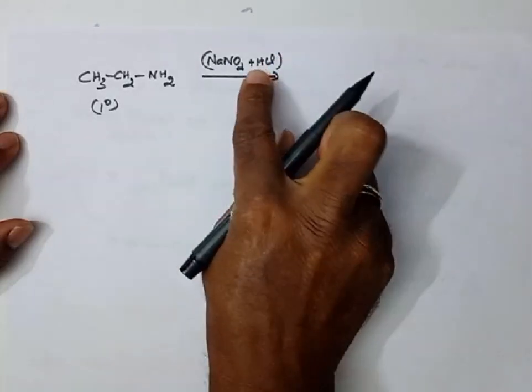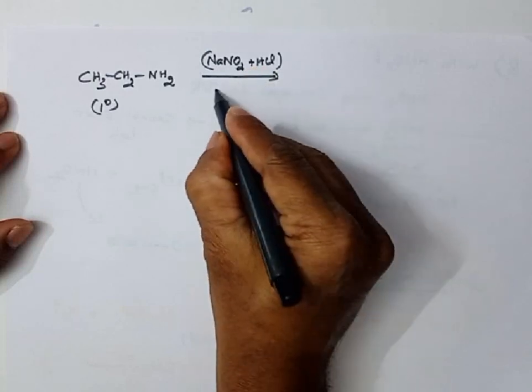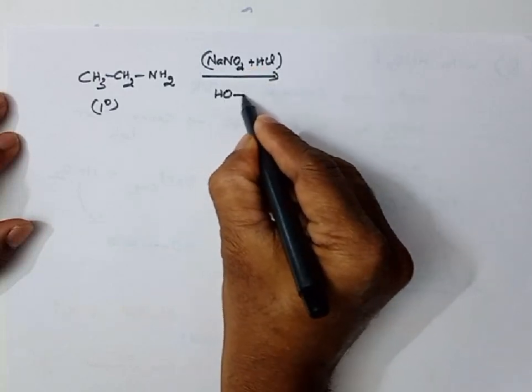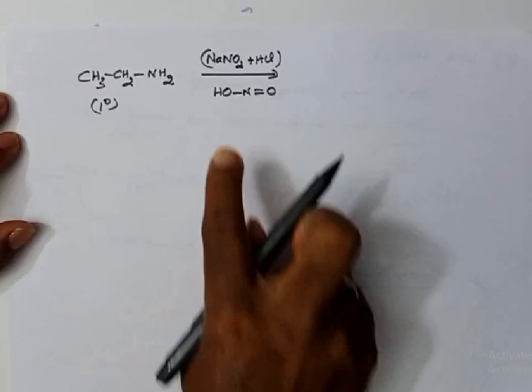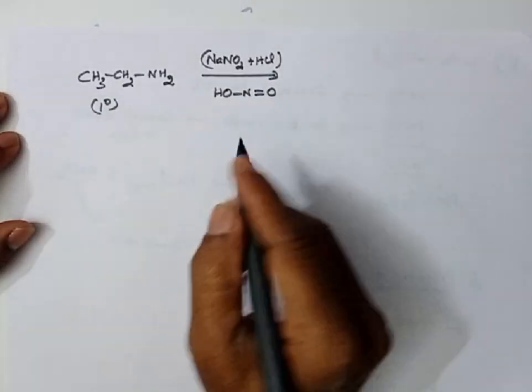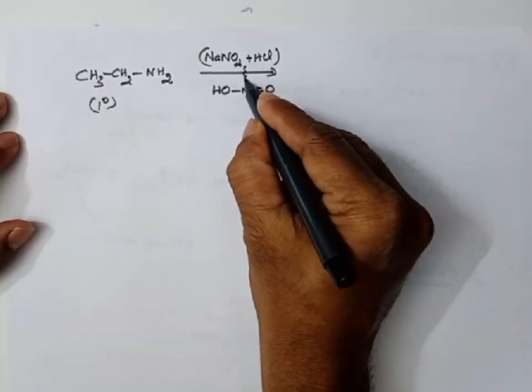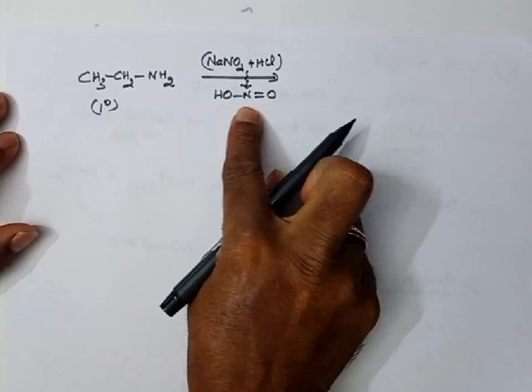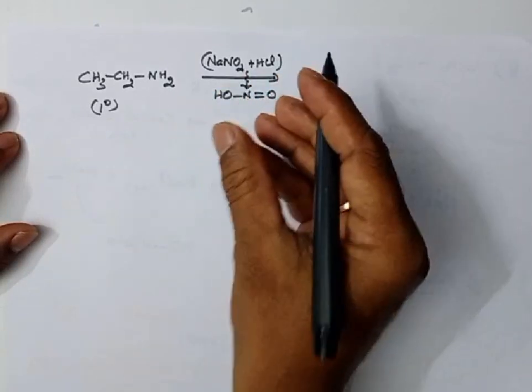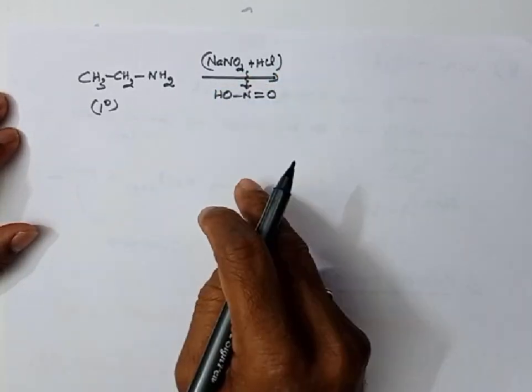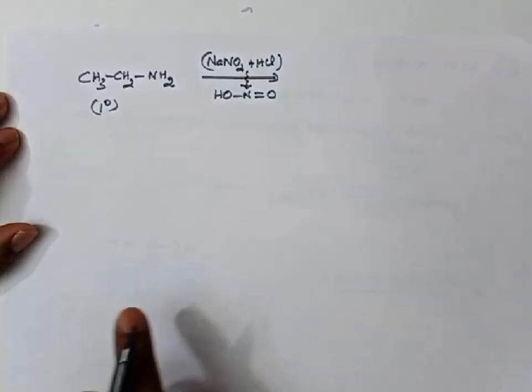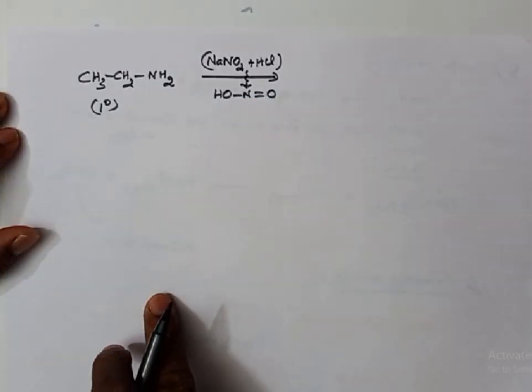If I put sodium nitrite and HCl, you'll get HNO2. Let me write HNO2 like this, HONO. This is the structure actually, right? If you mix these two, you will get this product. This is produced in the solution medium, a reaction medium. Now this will react with this compound. Right? How will it react?